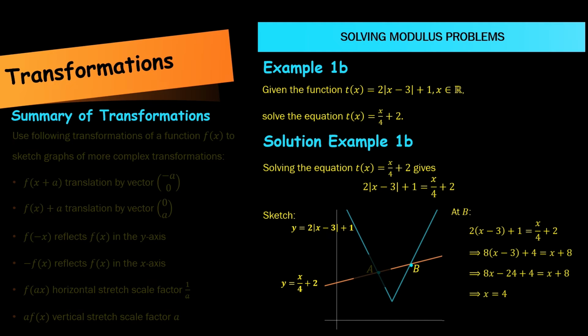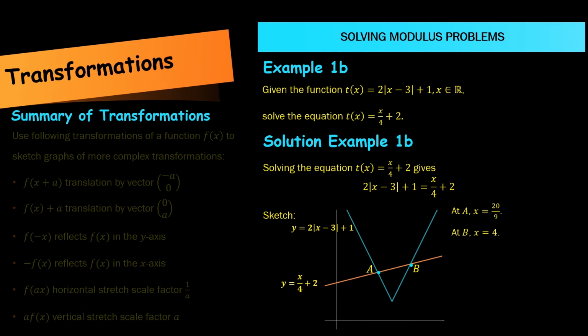And finally we can tidy up to solve for x, and this gives us x equals 4. So at A, x is 20 over 9, and at B, x is 4.